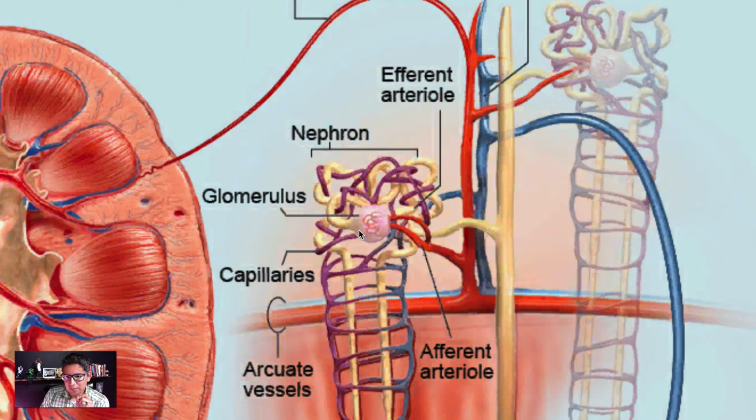And then in this capsule, in this glomerulus, this is where a lot of the filtration will occur. So the waste product that your blood is carrying will come in here and filter out, and the blood will continue into what's called the efferent arteriole, and then it essentially goes backwards from what I just mentioned.